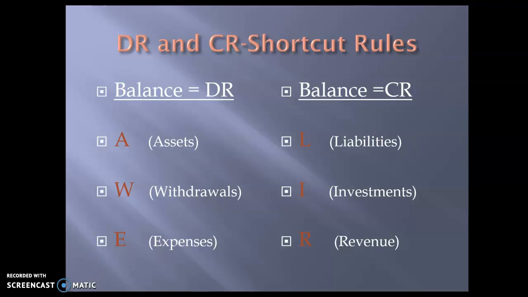Whereas the balance should be a credit for LIR, Lear. Liabilities, owner investments, which is going to be the capital account, and revenue accounts should all have a credit balance to be normal. So if you memorize this, then that will make it easier for you to know what kind of balance each account should have in the trial balance.